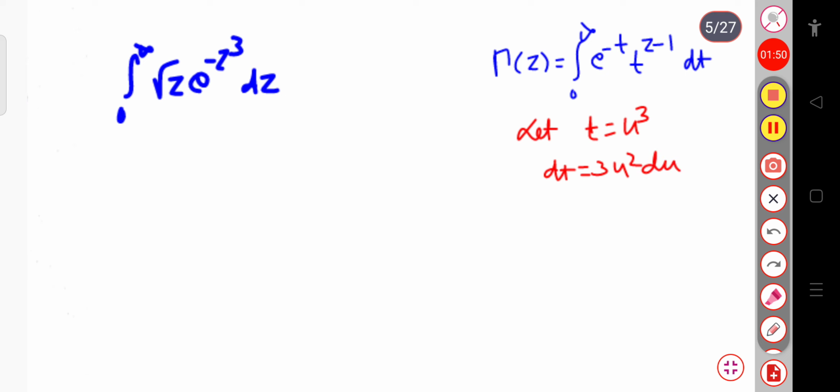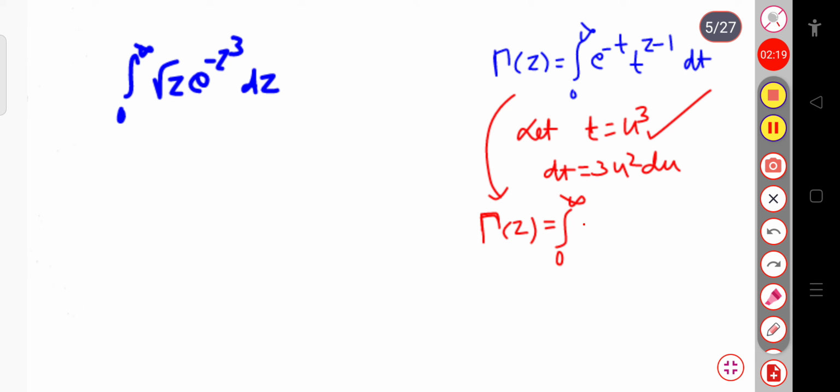If I substitute this value in the above expression, gamma of z can be written as follows. Since we are only substituting the values of t, there will be no change in the variable z. When t equal to 0, u cube equal to 0 or u equal to 0, and when t is infinite, u will be infinite. So the limiting values remain unchanged.